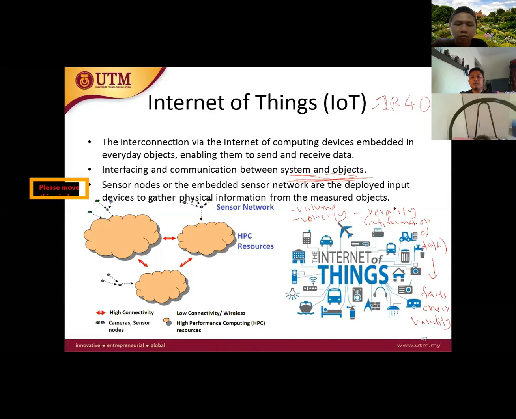So if you think about the current situation due to the COVID-19 outbreak, some countries like South Korea use the concept of Internet of Things to monitor their citizens. I find it very useful, and I think maybe it could be done in Malaysia as well.